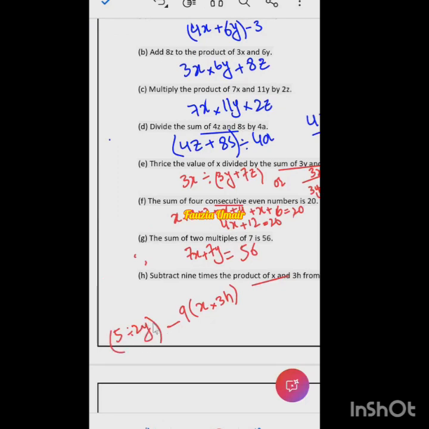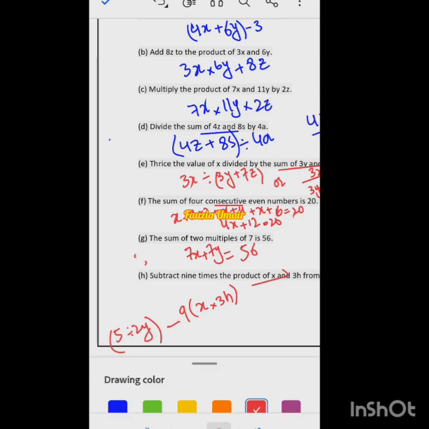So whenever the statement is long, you should divide it in two parts. So now read the statement. Subtract 9 times the product of x and 3h. From, it means everything is subtracted from something. So from what? From the quotient of 5 and 2y, when 5 is divided by 2y.